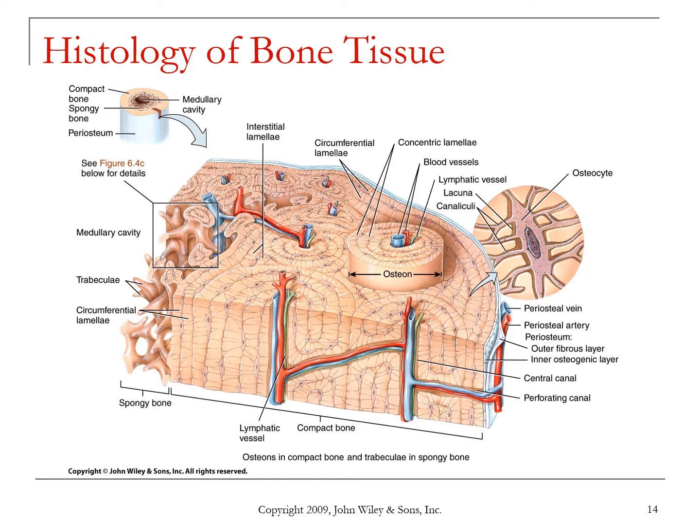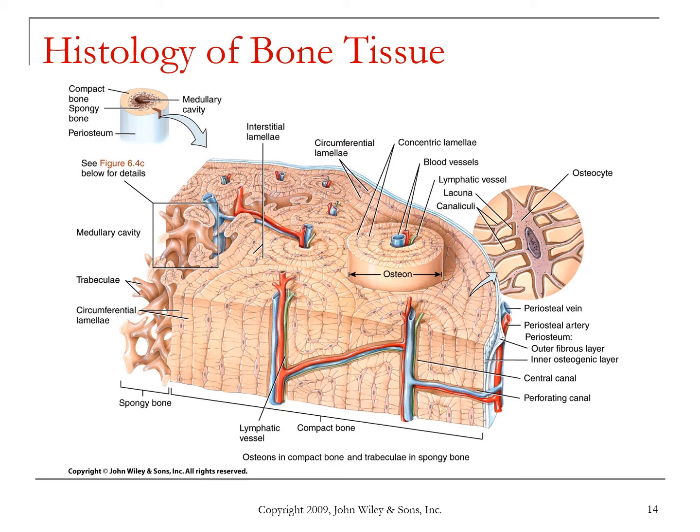All right, running through the center of each osteon is your central canal that contains the blood vessels that bring oxygen and nutrients to each osteon. And then these connect via the canaliculi to the osteocytes and the lacunae. So we have exchange of gases, wastes, nutrients, and fluids via the canaliculi with the blood vessels that run through the central canals.